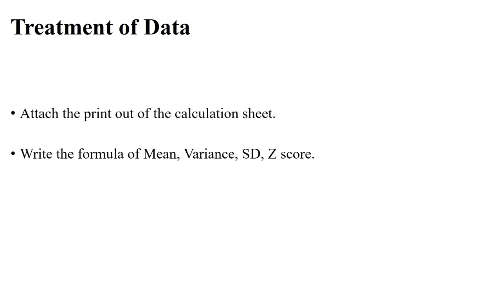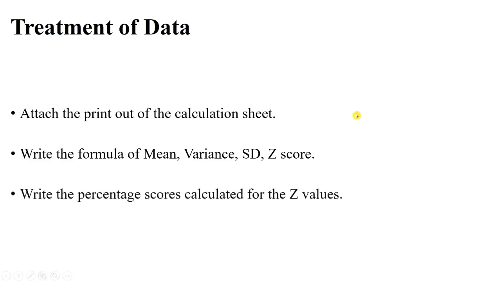You have to write the formula of mean, variance, standard deviation, and z-score. Now all these formulas are given in the guidelines, so straight away you can copy them from there. And the last thing that you have to do is write the percentage scores calculated for the z values. So just draw one small table like you have drawn on the Excel sheet and just mention the values in treatment of data.